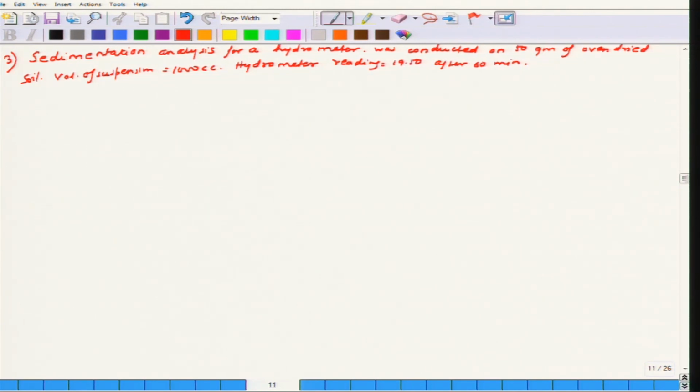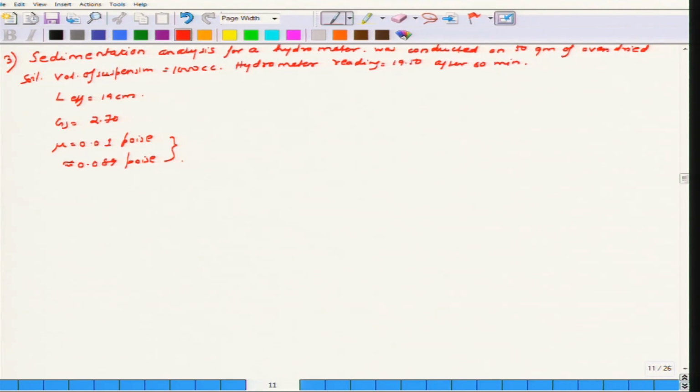So, let us first find out, then they are asked that the L effective of the hydrometer is 14 centimeter, Gs is 2.70 and mu is given as 0.01 poise. Now, we can take this as 0.089 poise as well to be accurate.